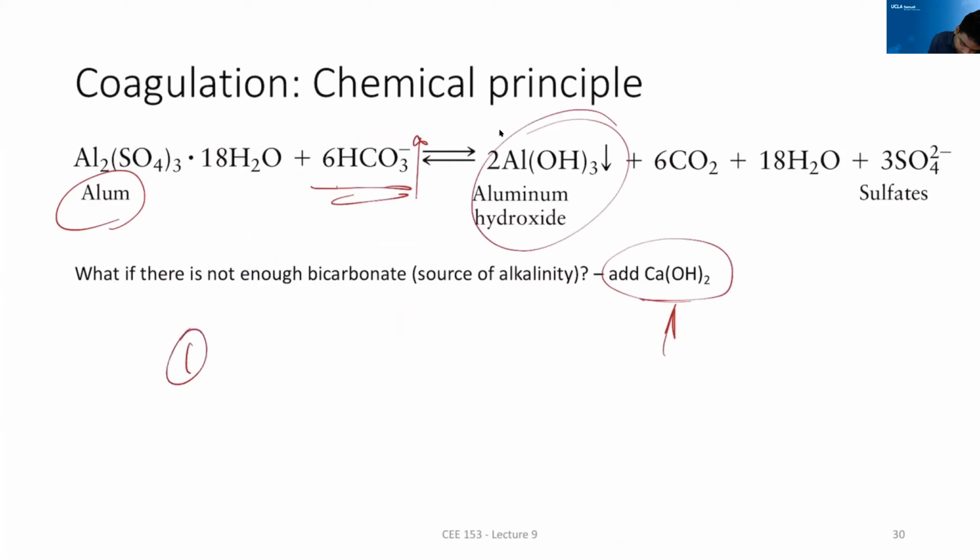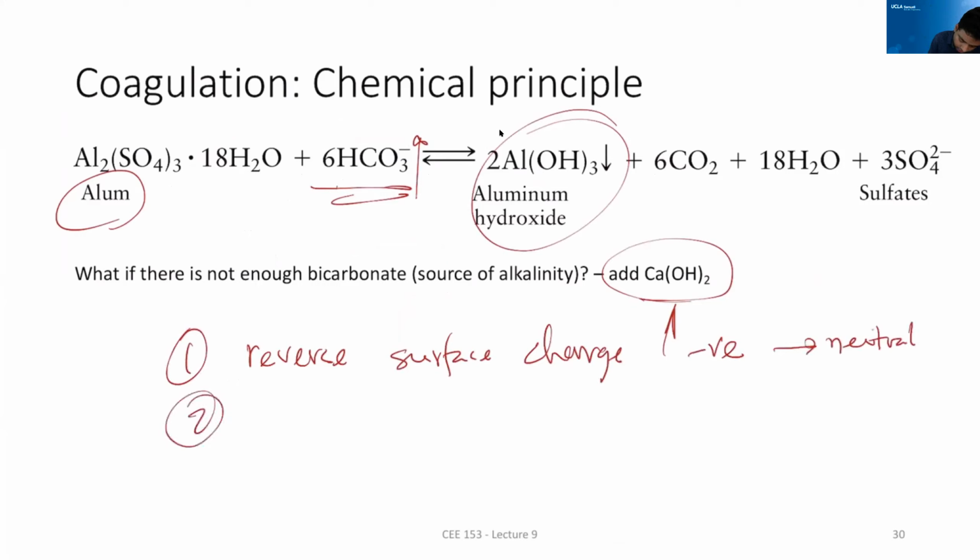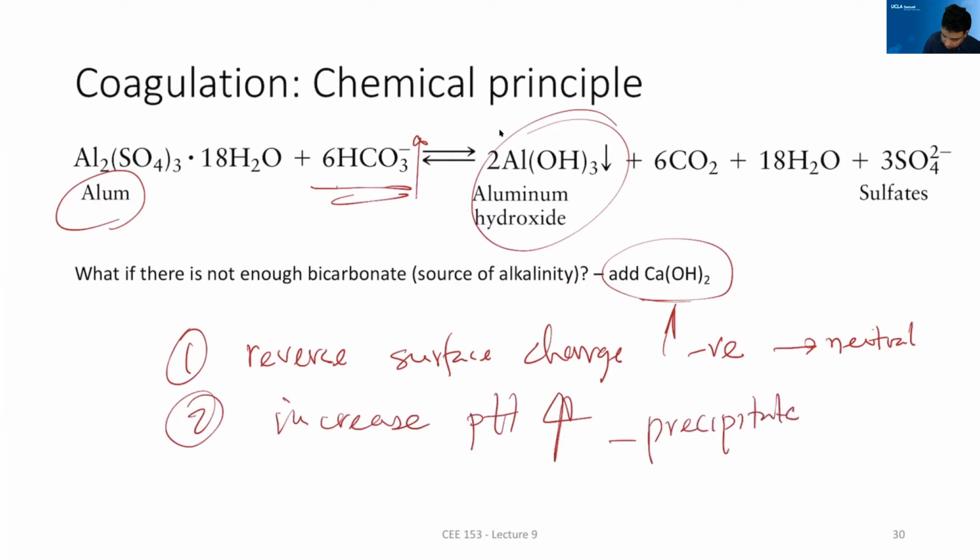Number one, reverse the surface charge from negative to neutral, and then increase the pH so that you can precipitate the aluminum salt.